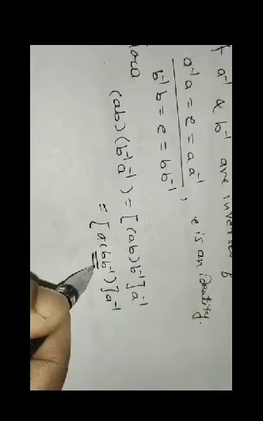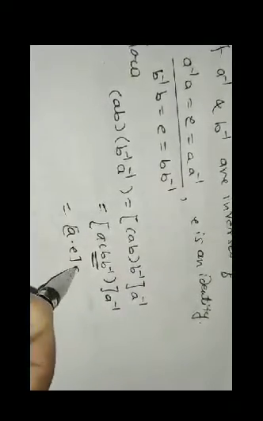I can write A into (B into B inverse) into A inverse. Then B into B inverse is the identity element E. So A into E into A inverse equals A into A inverse, and A into A inverse is nothing but the identity element E.